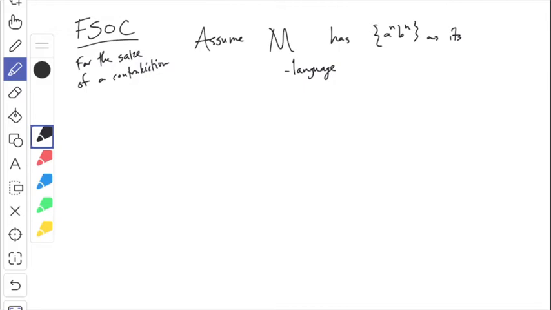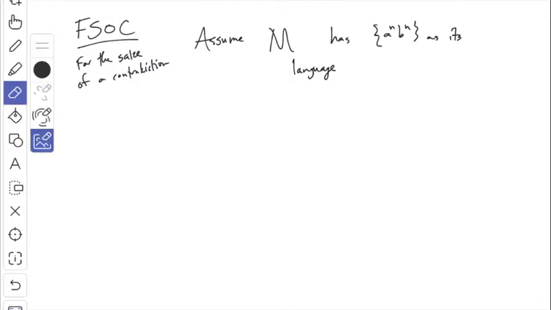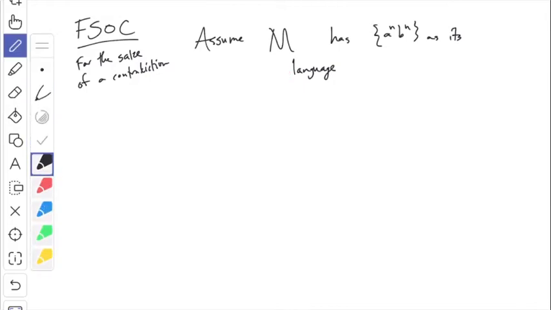Now, let's think about what in the set theory language we would call this: A to the power I, for various I. What I mean is, you start in the starting state and you do a bunch of A's.